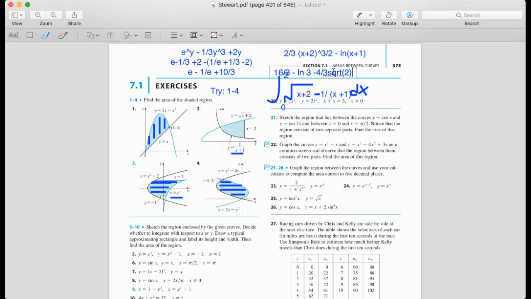Then 0 plus 1 is 1. Ln 1 is 0. So this should be the final answer. We have 16 over 3 minus ln 3. We don't need to approximate this value. Keep as ln 3. That's exact. Minus 4 over 3 square root of 2. The square root of 2 again is another irrational number. So we have 2 irrational numbers, ln 3 and square root of 2. We just keep them. That's exact form. We don't have to approximate.